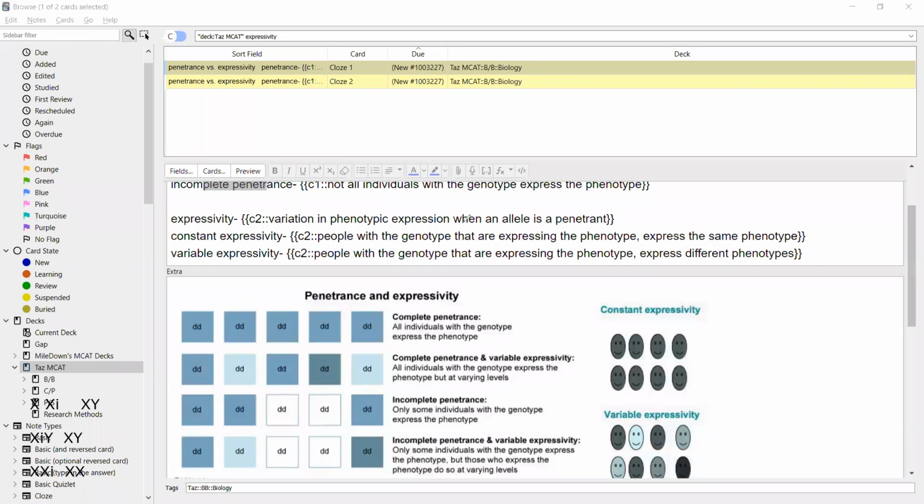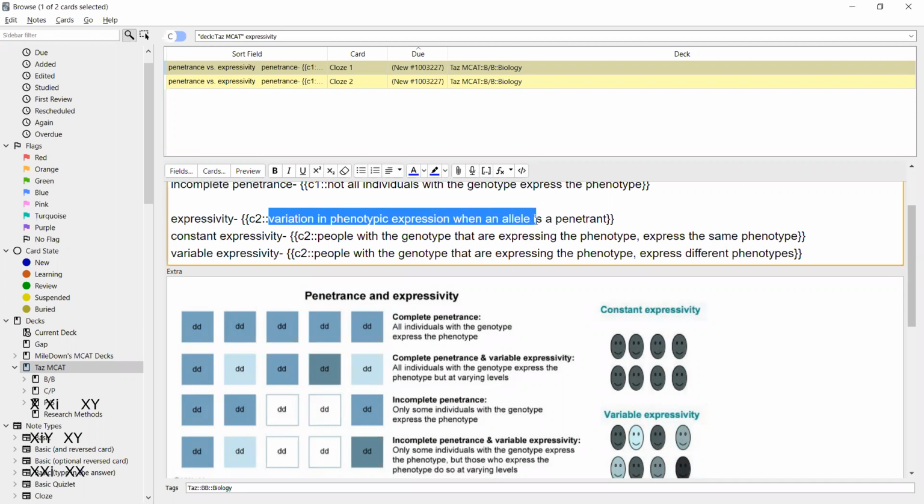Then we have expressivity. Expressivity is the variation in phenotypic expression when an allele is penetrating. So in the second row here, complete penetrance means that everybody is showing blue. Everybody has the phenotype, but not the same shade.